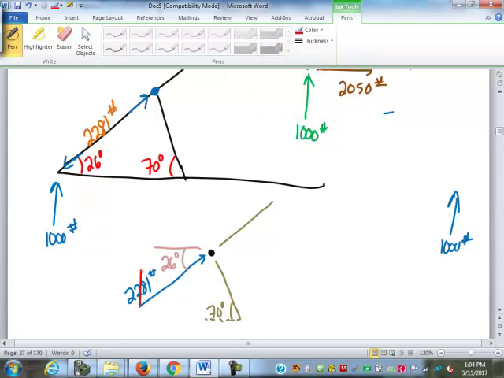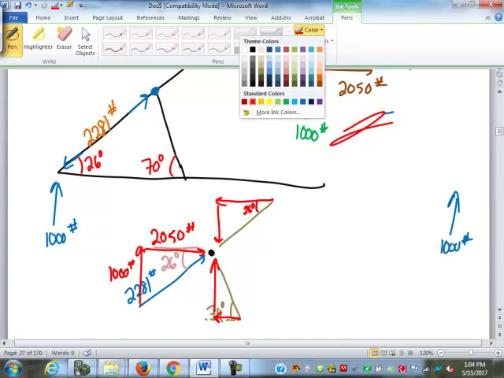I know this has components of 1,000 pounds and 2,050 pounds. I found that from up here in the last joint. This one's going to have components, this being 26 degrees. This one's going to have components.